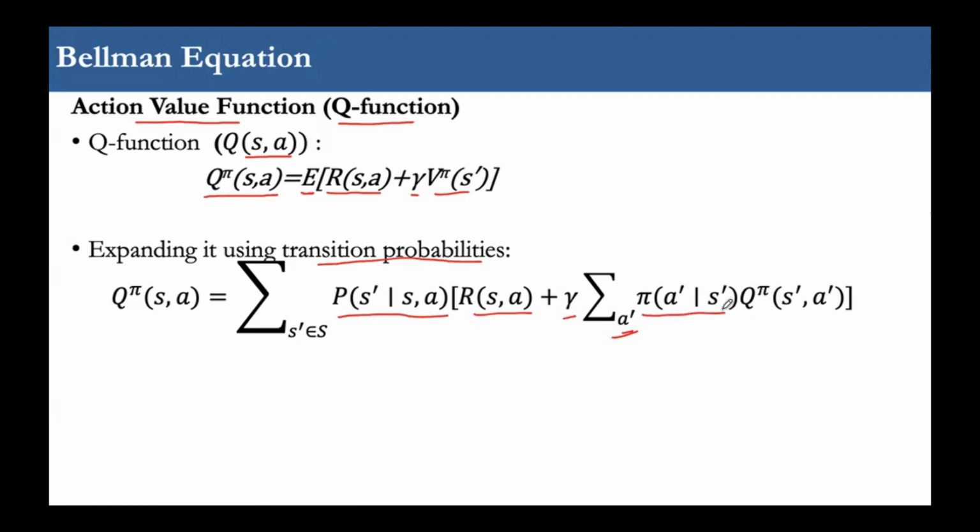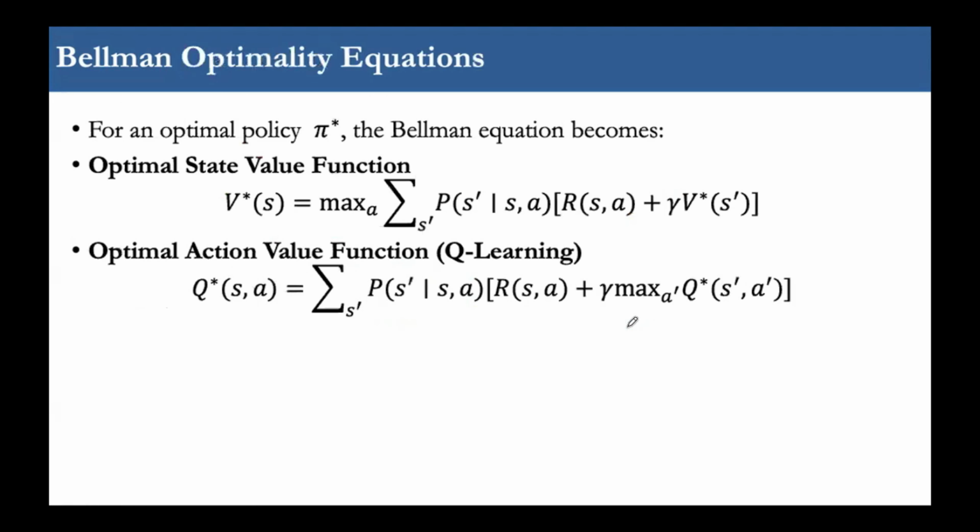Here we use the policy probability, pi of A dash given S dash, into Q pi of S dash comma A dash. So this is said to be the action value function, that is the Q function.